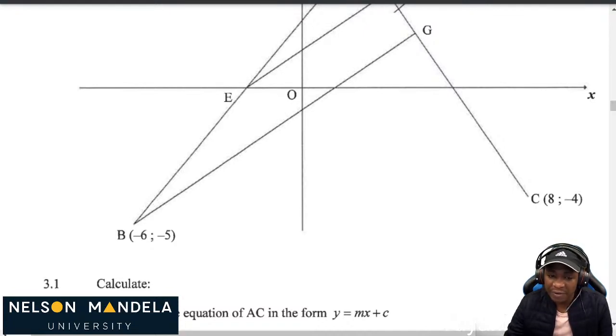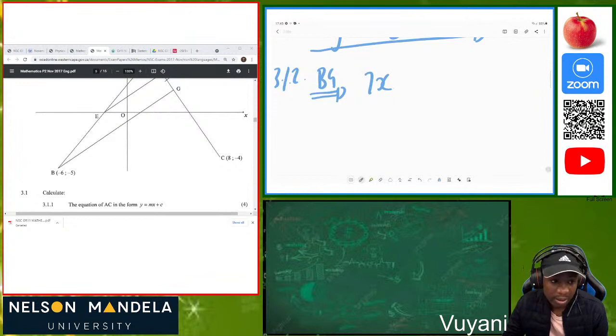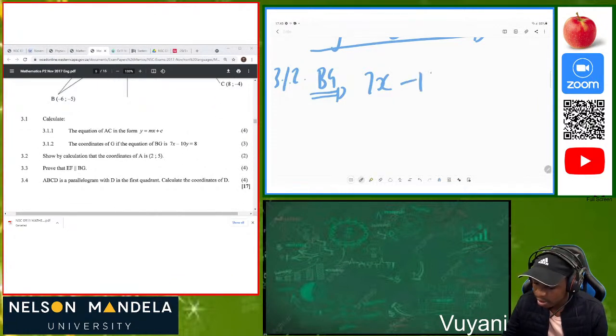So let me write the equation of BG. What is the equation we are given? It is 7x minus 10y equal to 8.